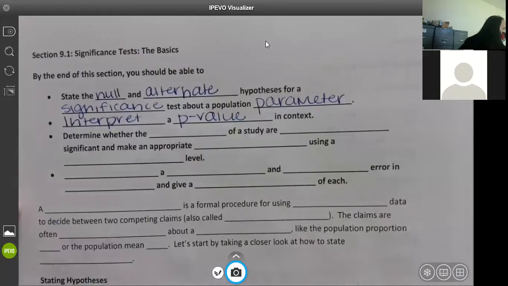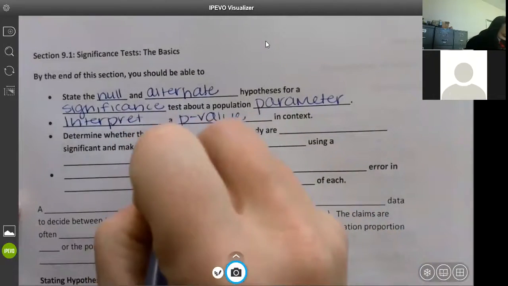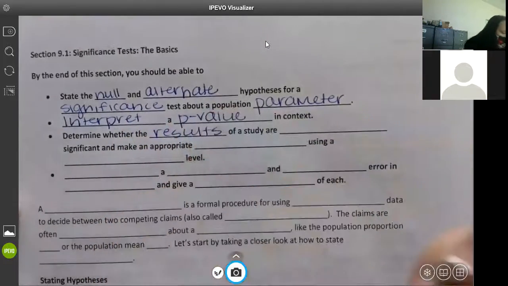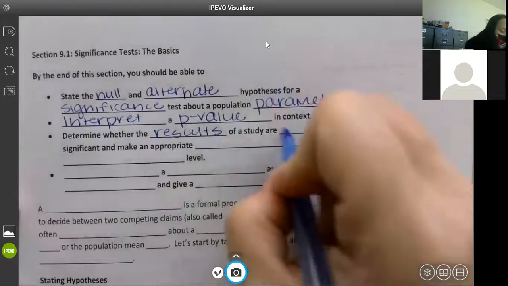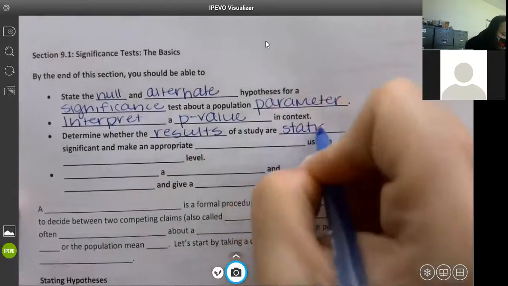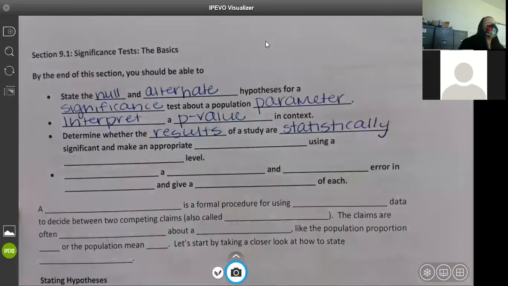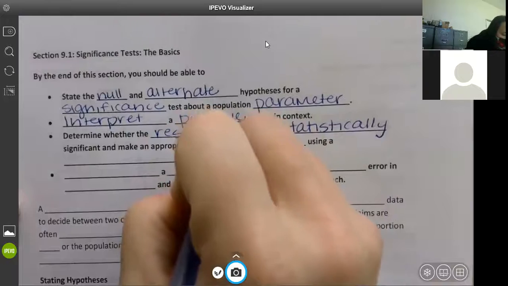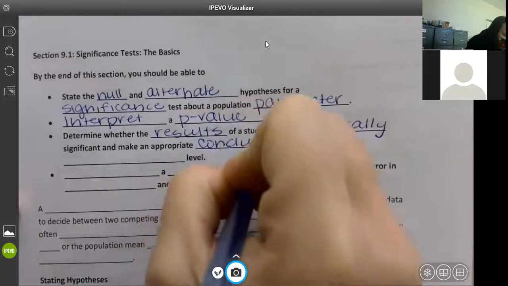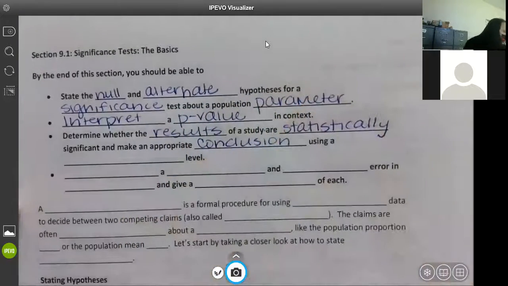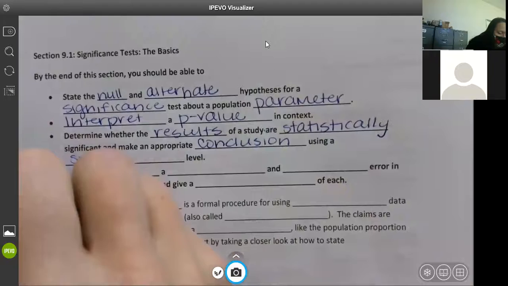You're going to determine whether the results of a study are statistically significant. And I screw that up every time. Statistically significant. And make an appropriate conclusion using a significance level.